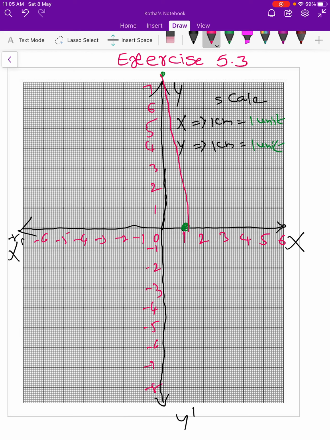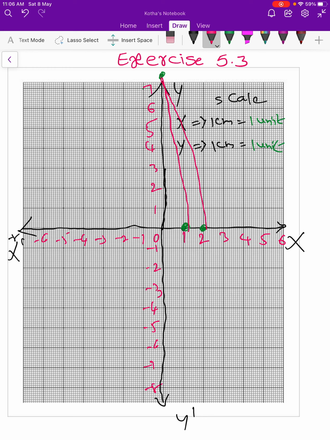Okay, we did it. Next 2, 0. This is 2, 0. And 0, 8. 0, 8 also will be somewhere outside only. Again joining these 2 points. Finish. Always join the points with the line segment, with the scale only, not with hand.